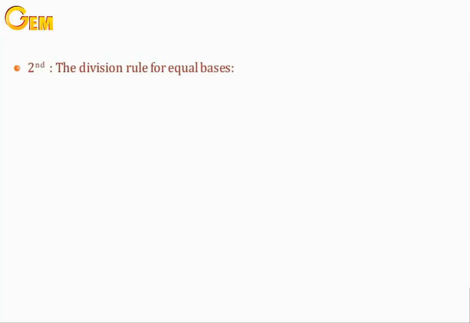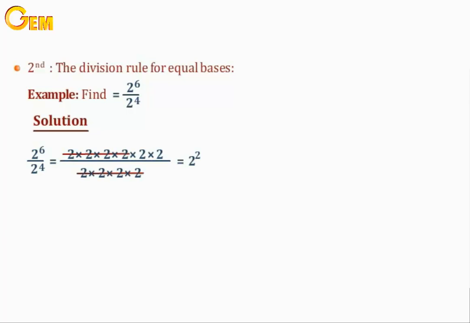Second, the division rule for equal bases. Example: find 2 to the power 6 divided by 2 to the power 4. Solution: 2 to the power 6 equals 2 times 2 times 2 times 2 times 2 times 2.